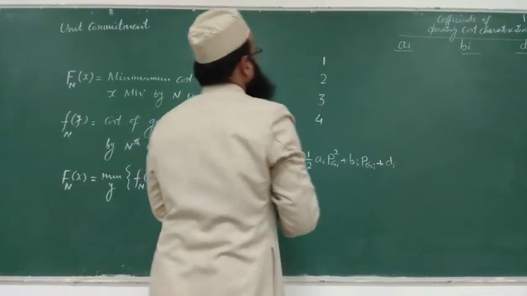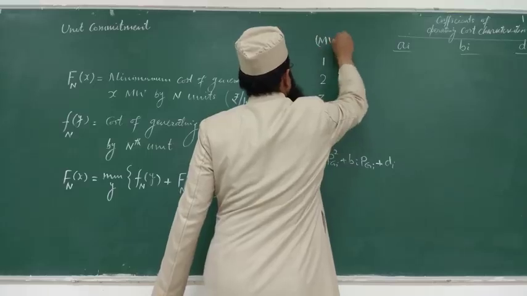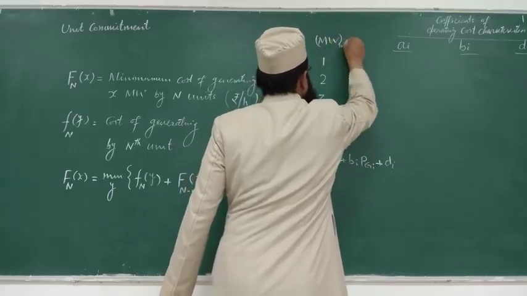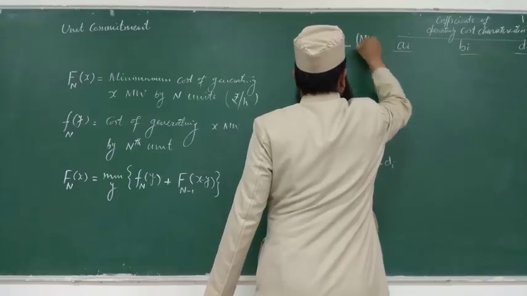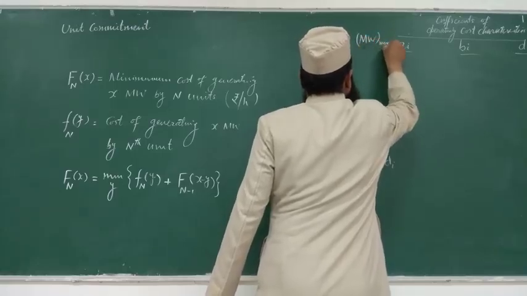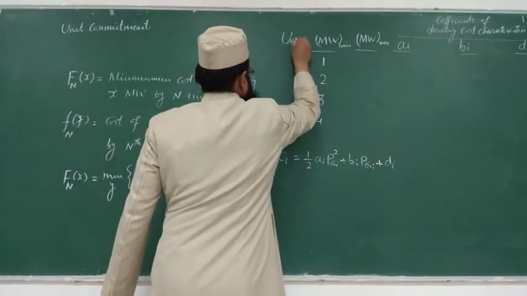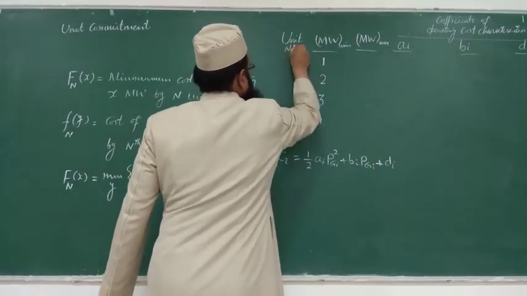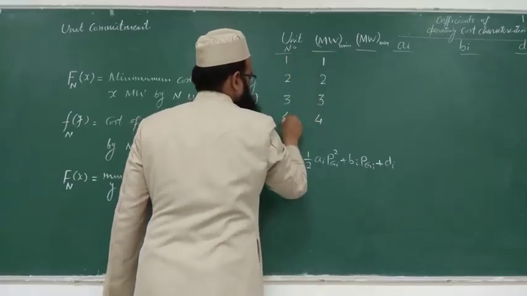MW min, just write here. You are aware of the symbol we used in the very first lecture of optimal load dispatch. MW min, MW max, and these are unit numbers. So okay, 1, 2, 3, 4.